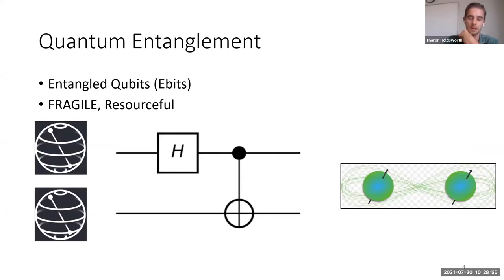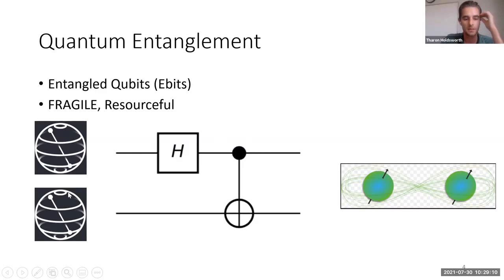And there's a lot you can say about entanglement, but I'll just call it entangled. And really, there are entangled qubits, so we'll call them E-bits. And these E-bits can be generated by using our 2 universal gates, which are the Hadamard and the CNOT operation here.